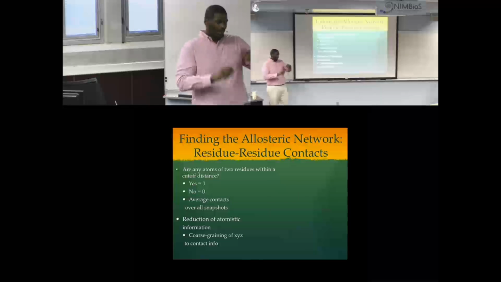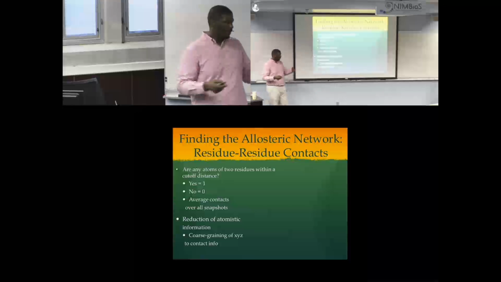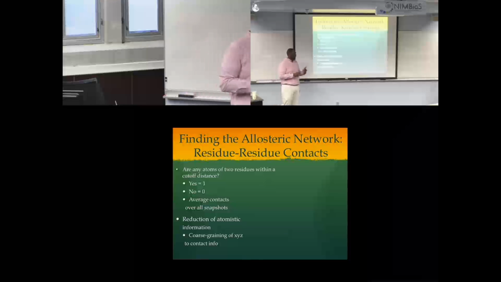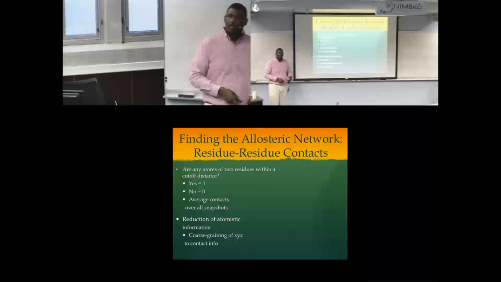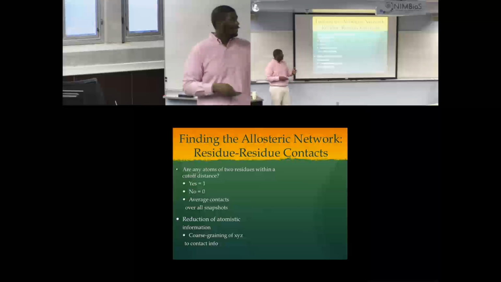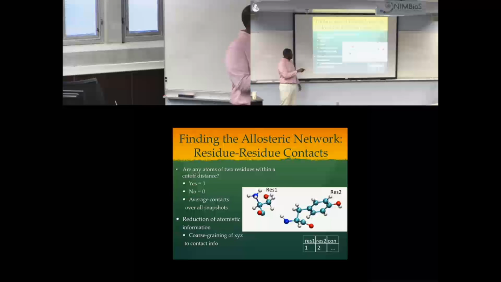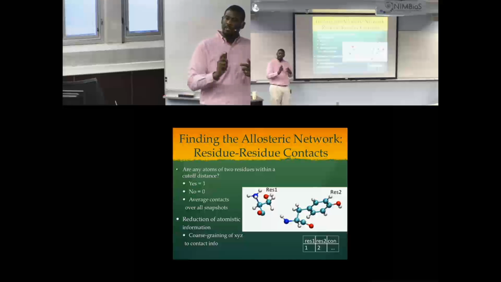Okay. So how do we find this allosteric network? Again, this is kind of an invisible signal sent, but there must be some sort of physical interactions happening that make up this network. And the way we thought about it was there are contacts being made between residues. So you've got two residues together, and if those two residues come close enough to contact each other, like right now Sergey and I can interact, then an interaction happens, some information is being exchanged.